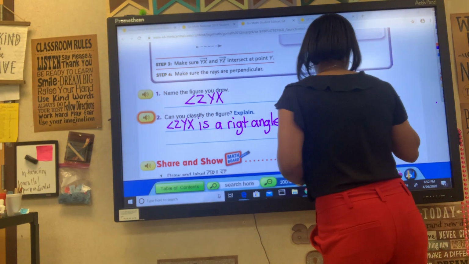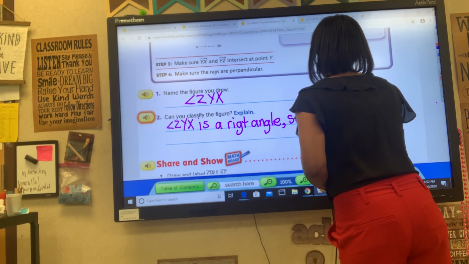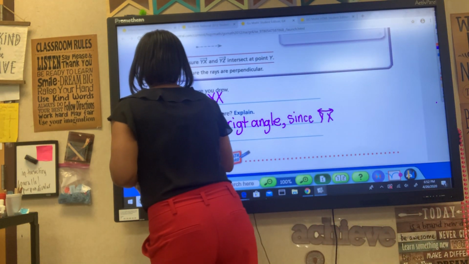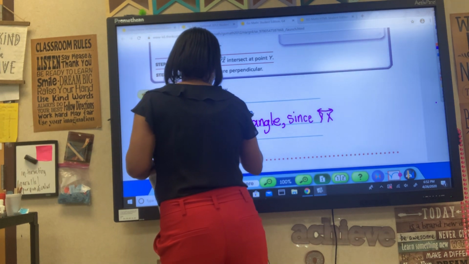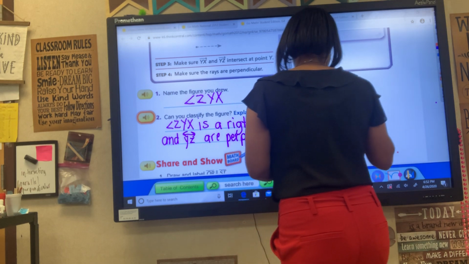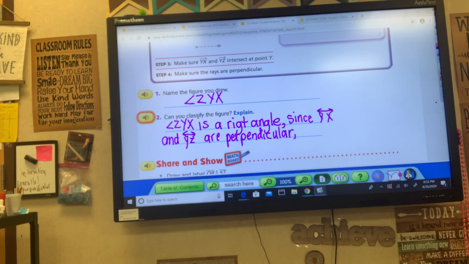So we're going to go on to say, since line YX, and we're going to draw the line symbol, since line YX and line YZ are perpendicular, angle ZYX is a right angle, since line YX and line YZ are perpendicular, and perpendicular rays form right angles.